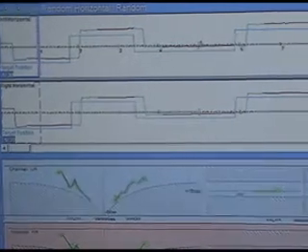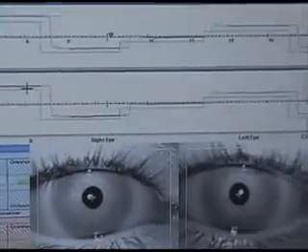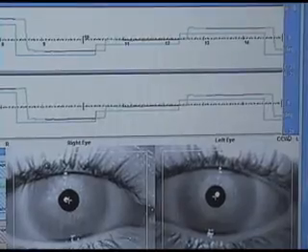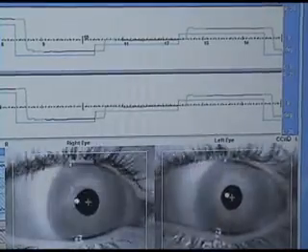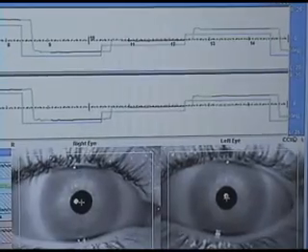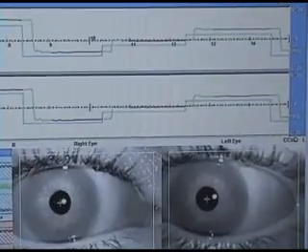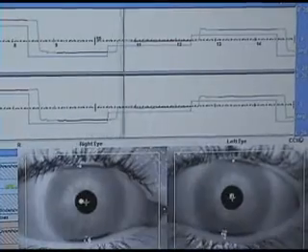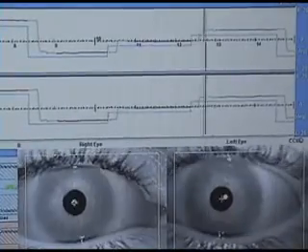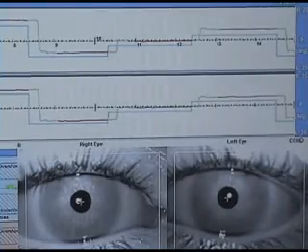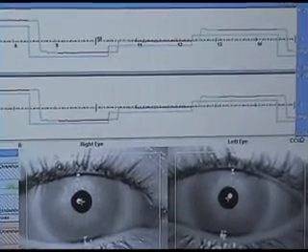This is what the video of the eyes looks like during saccades. We've got movements of the eyes back and forth, and we're looking at how metric, or how accurate, they are at hitting the target. We're also looking at the speed and the latency, and we measure saccades not only with the VNG, but also with the saccadometer.